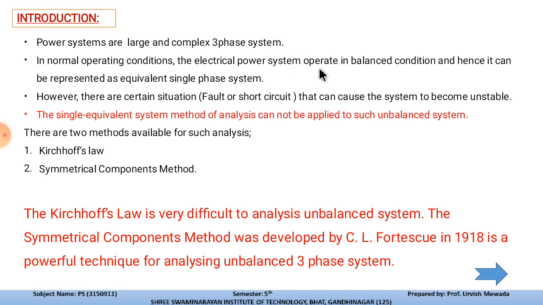In normal operating condition, the electrical power system operates in balanced condition. What do we mean by balanced condition? It means all three phases draw the same voltage and current, and there is no harmful flow of fault current or heavy voltages. So it is called the balanced condition, and hence it can be represented as an equivalent single phase system.